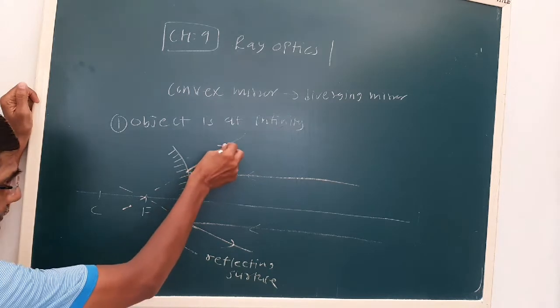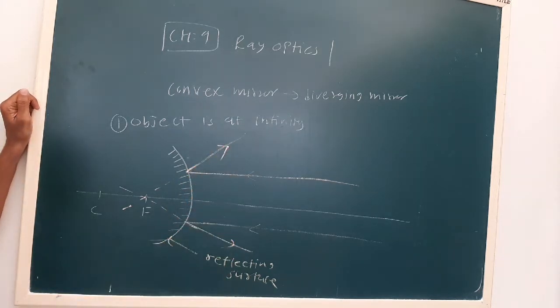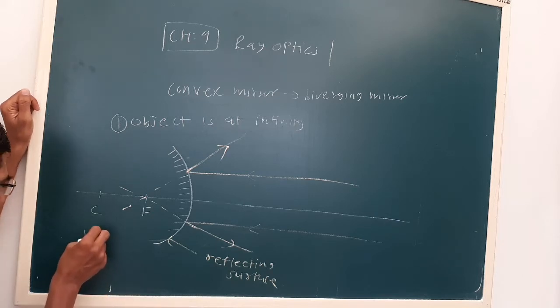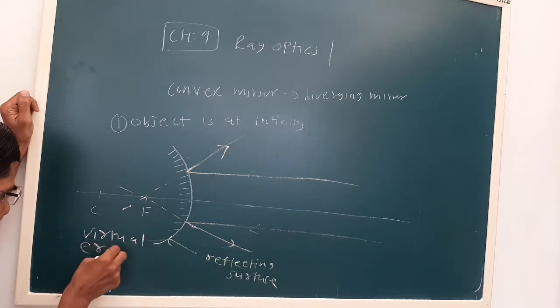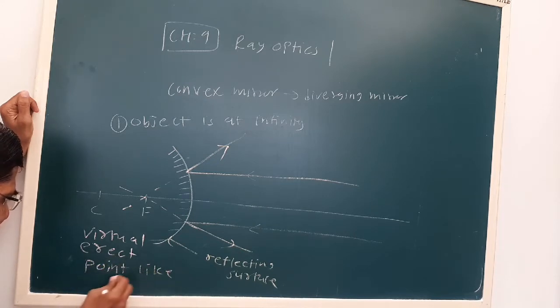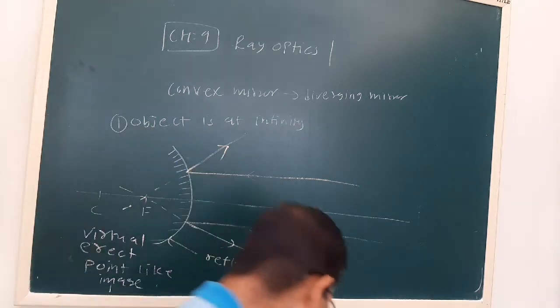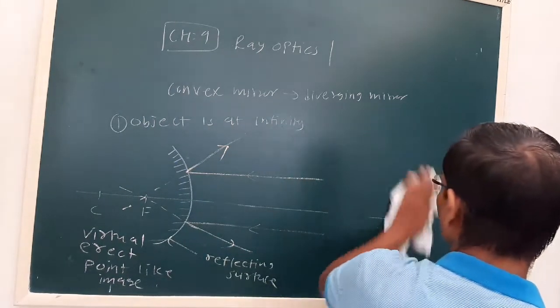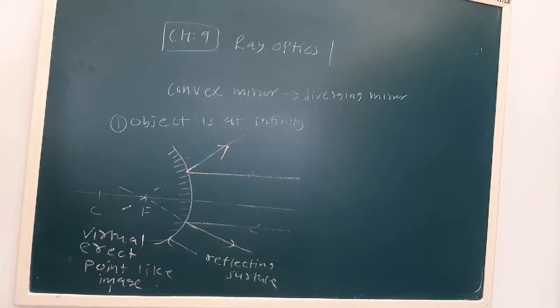Actually, what we have seen here, the rays are not meeting, but we have produced them to meet at F. So the image is virtual. See, the virtual image is always erect, and smaller. Here also it will be a point-like image. Okay, so the first condition for the convex mirror, when the object is at infinity, the image formed is virtual, erect and point-like.